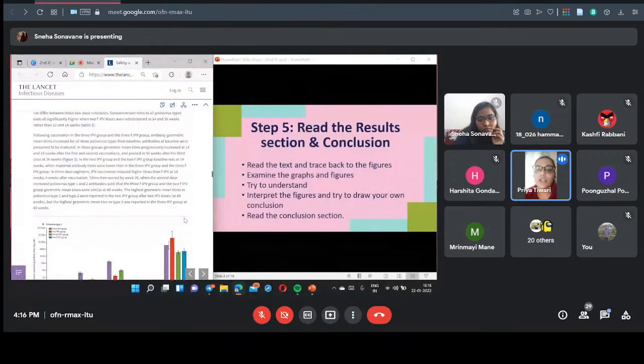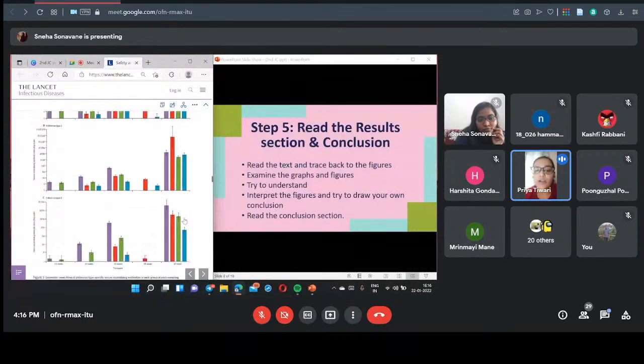Then you will read the conclusion and compare the conclusion which the author has written with the conclusion that you have drawn yourself. Over here you can see the graphs which are mentioned in the results section. Next slide.